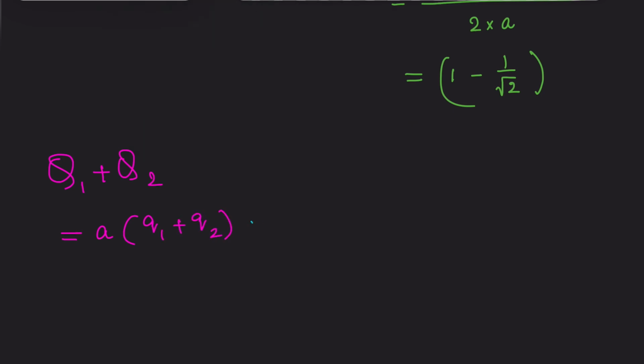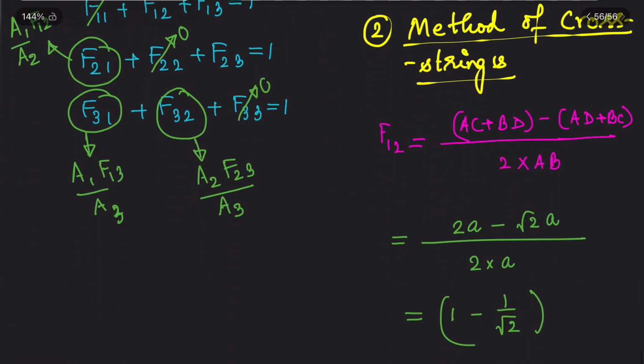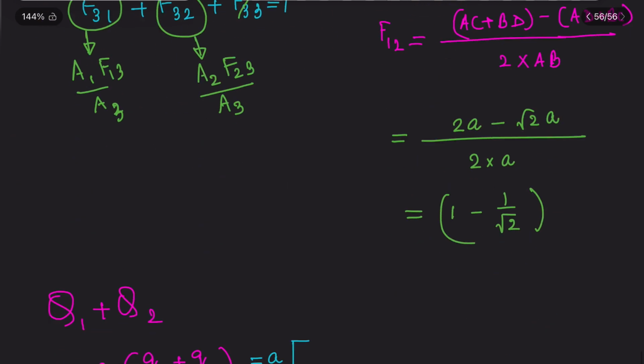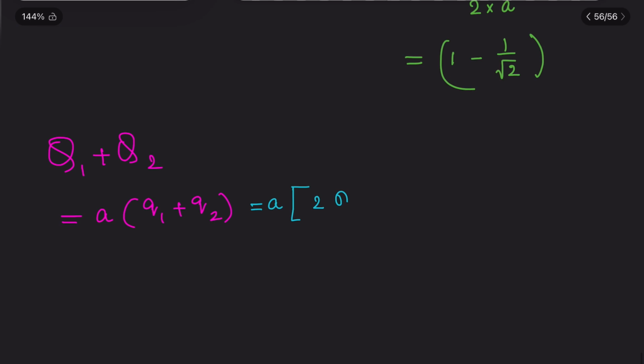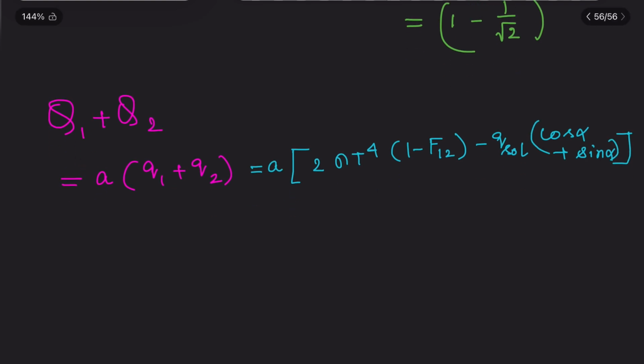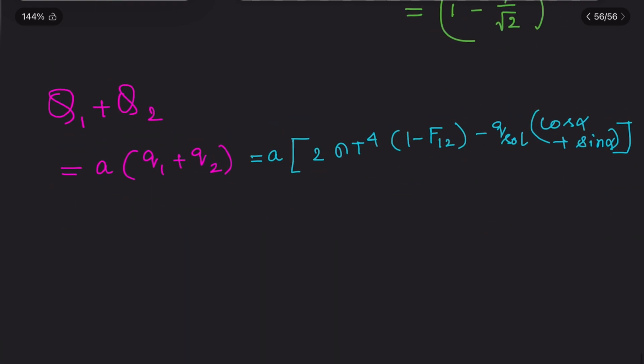So finally this will be A into 2 into sigma T to the power 4 into 1 minus F12 minus q sol cos alpha plus sin alpha. So this is the final answer. Now your homework is to find Q3 if you can. That is your homework.